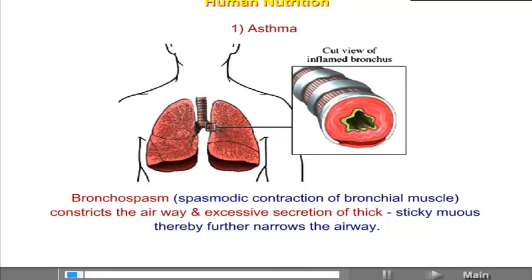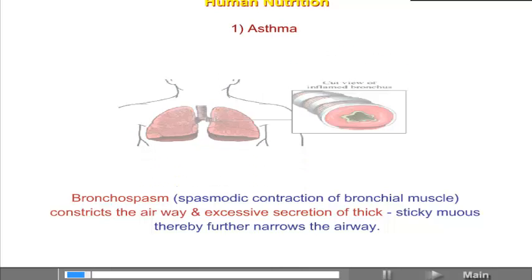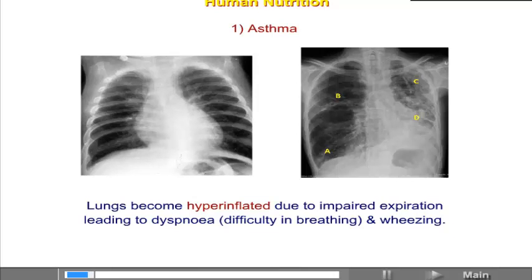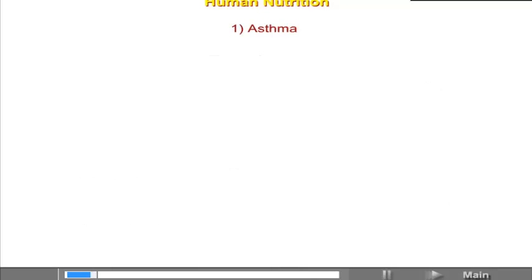Bronchospasm, that is spasmodic contraction of bronchial muscle, constricts the airway, and excessive secretion of thick, sticky mucus further narrows the airway. Lungs become hyperinflated due to impaired expiration, leading to dyspnea, difficulty in breathing, and wheezing.